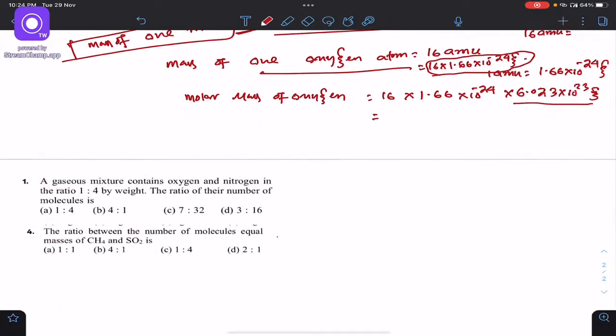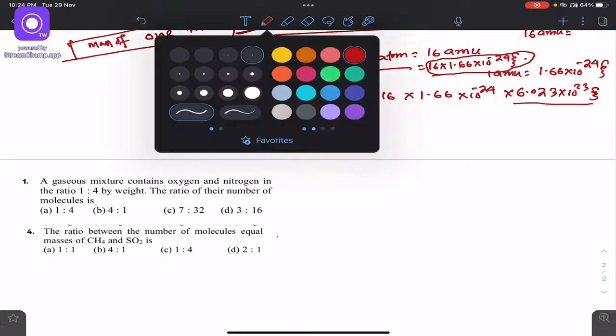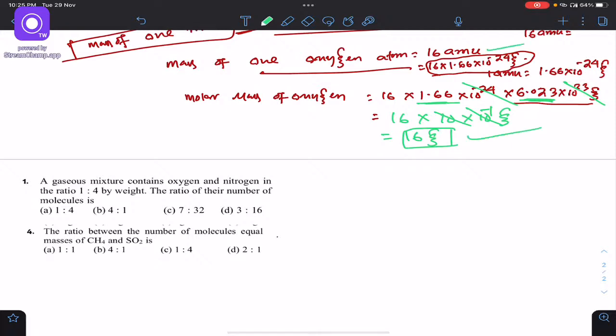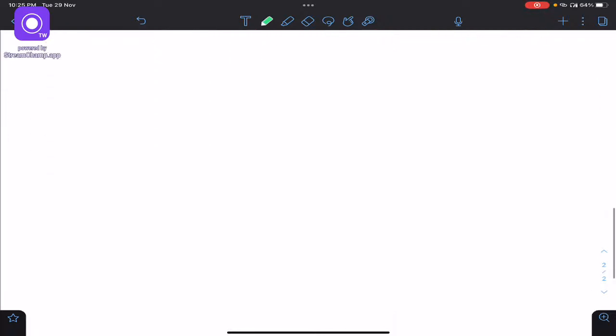Look, the 10 to the power minus 24 and 23 cancel. 1.66 into 6.023 is nearly equal to 10, so 10 into 10 to the power minus 1 gives 1, so it becomes 16 gram. Atomic mass is 16 AMU but molar mass is 16 gram.